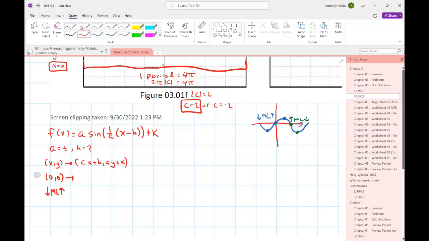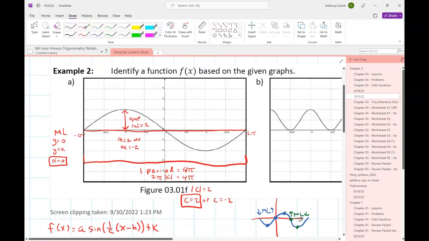Now I'm going to go to my graph. I'm going to pick one of the midline points on my graph. I could pick this midline point, this midline point, or this midline point. It doesn't really matter. Which one would you choose? I'd pick 0, 0.